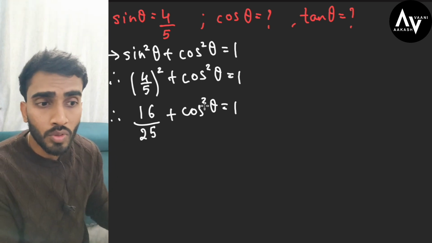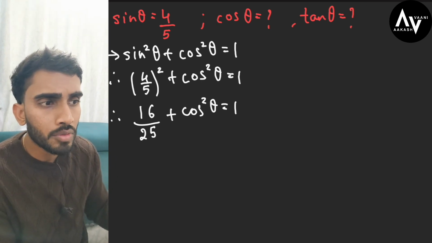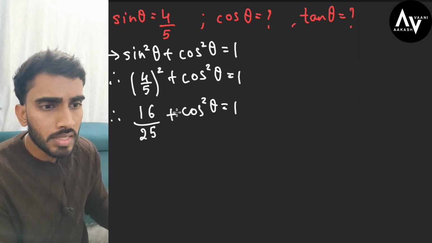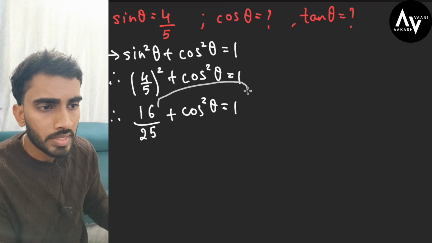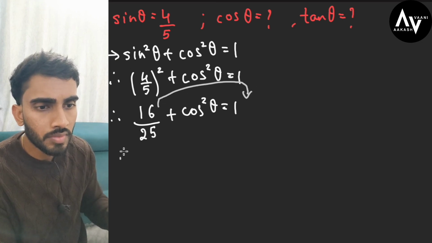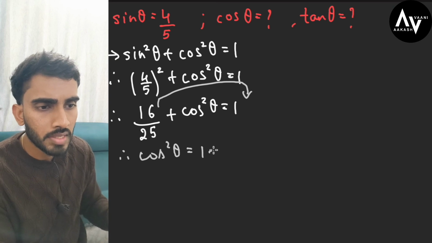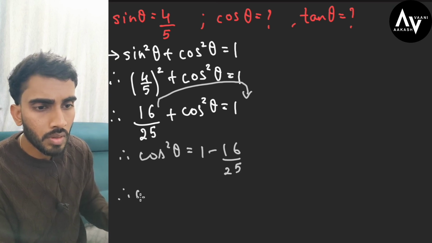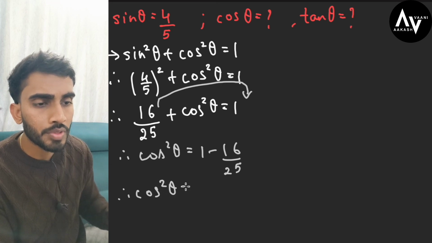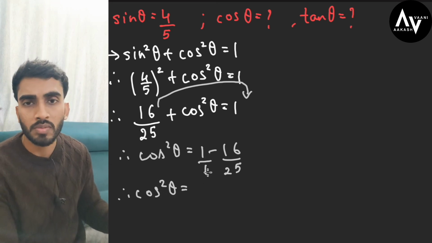Now in order to find out cos square theta, we have to send this 16 by 25 to the right side. So as a result, we will have cos square theta is equals to 1 minus 16 upon 25. Now here we will do the LCM, cross multiplication.